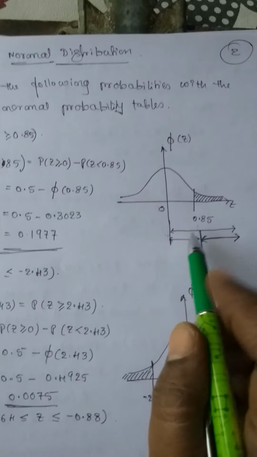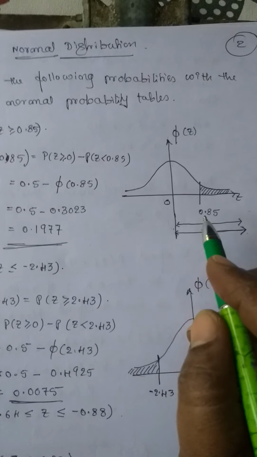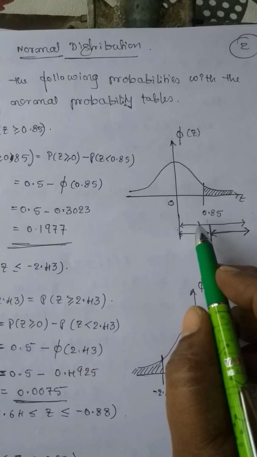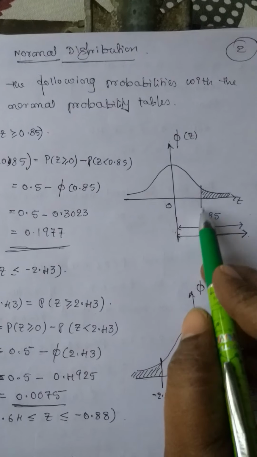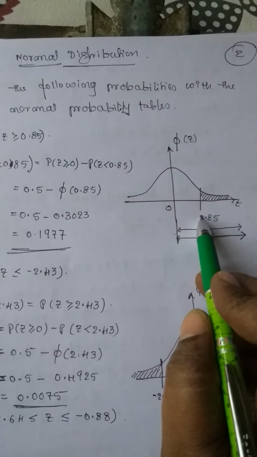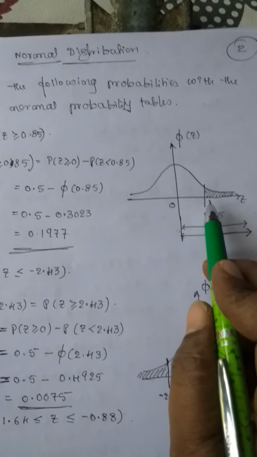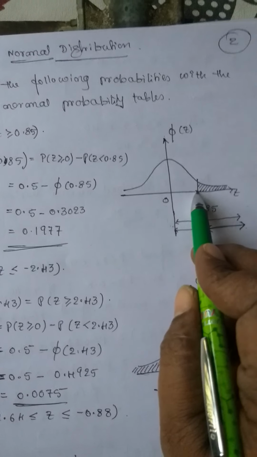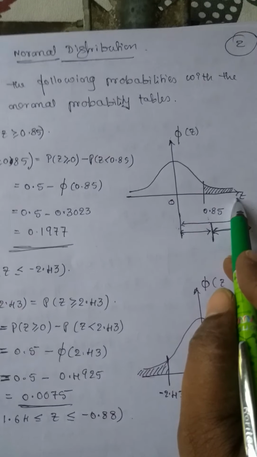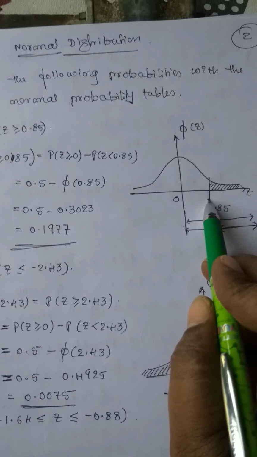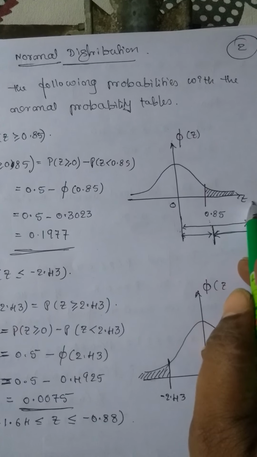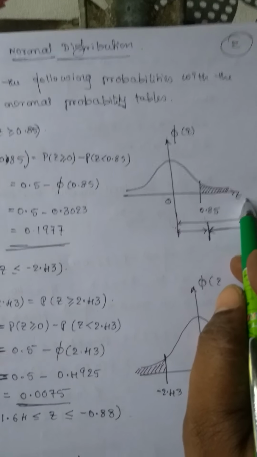We have to calculate z greater than 0.85, so somewhere here in the positive side we can take 0.85. Since it is z greater than 0.85, I can shade the region as shown in the figure. My aim is to get the area from 0.85 to infinity.